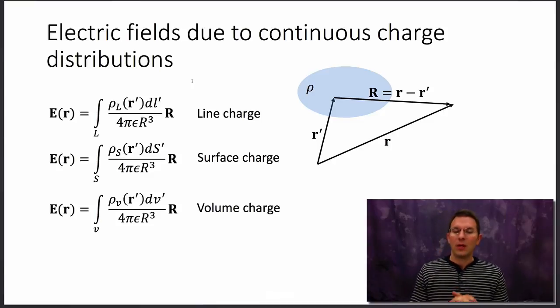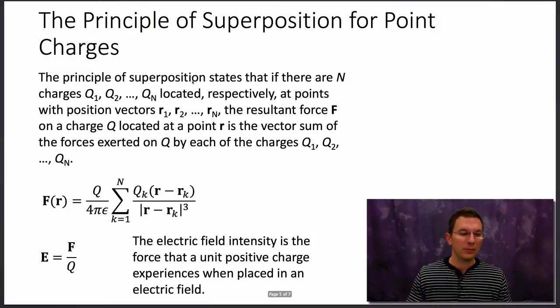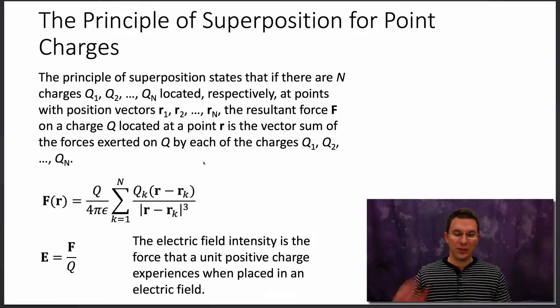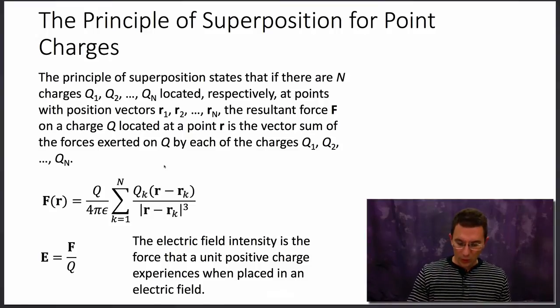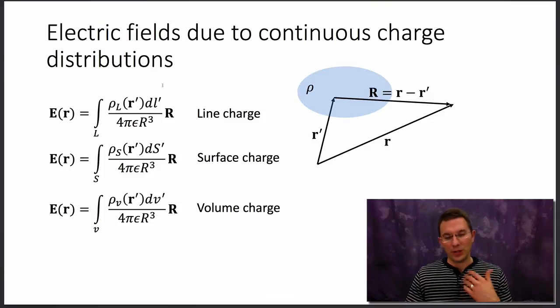In other words, you need an integral to represent the electric field due to a charge distribution, where before we had a sum. If you'll notice here, the force due to these discrete particles at n points is a sum. When we pass to a continuous distribution, this summation becomes an integration.